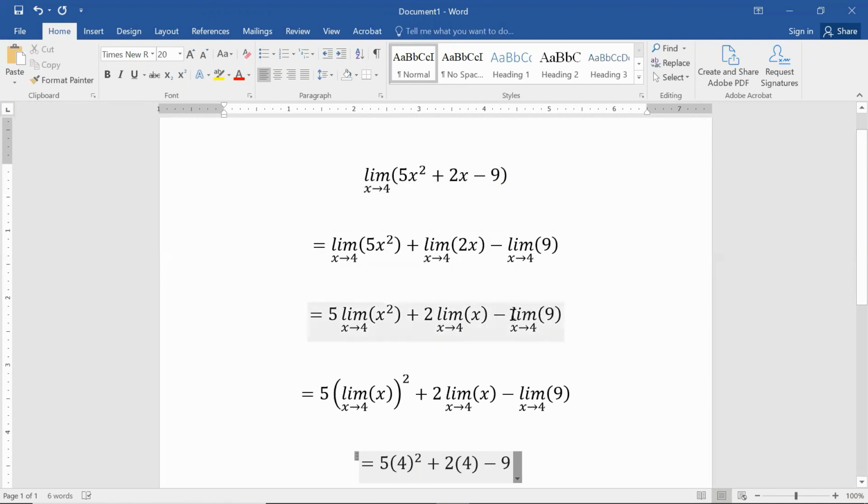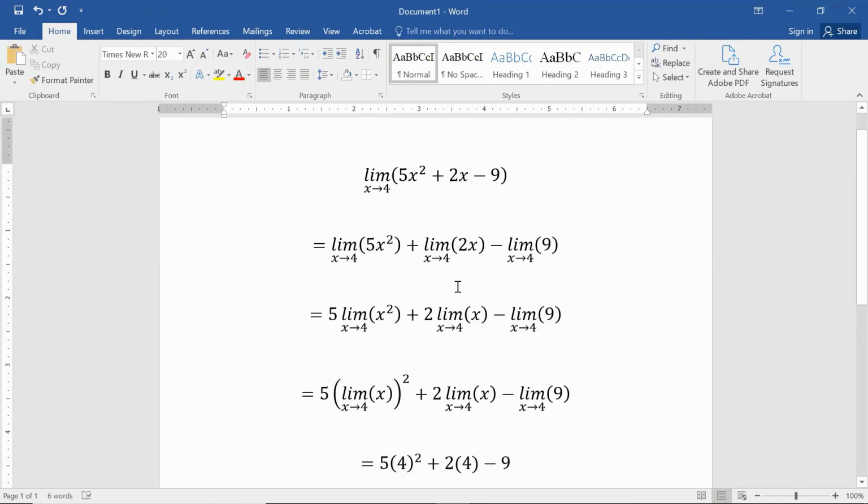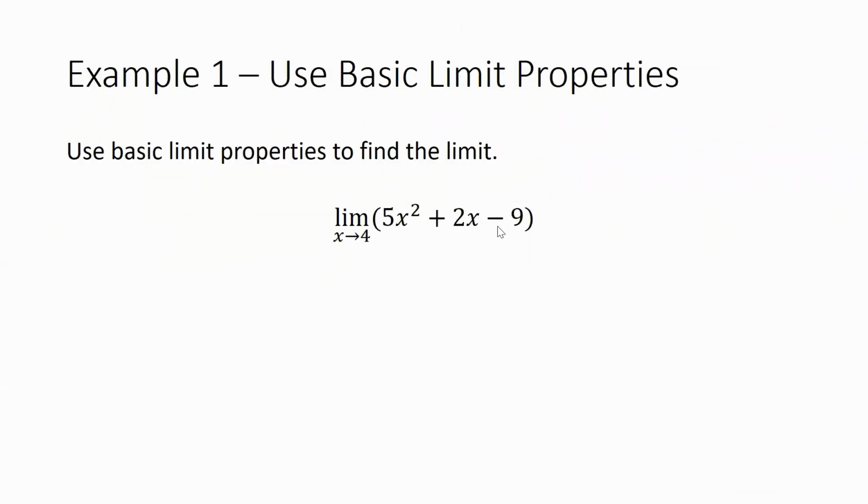Limit of x squared is just like limit of x quantity squared. And then limit of x as x goes to 4 is 4. So once you get good at this, this will become a fairly straightforward process. So there you go. The limit as x goes to 4 becomes 79.